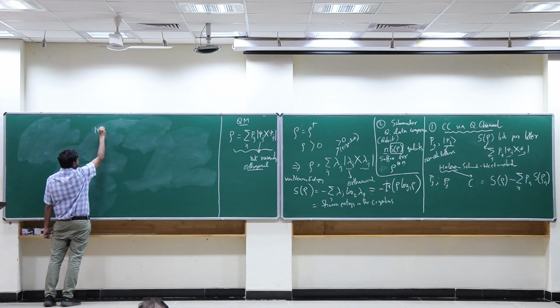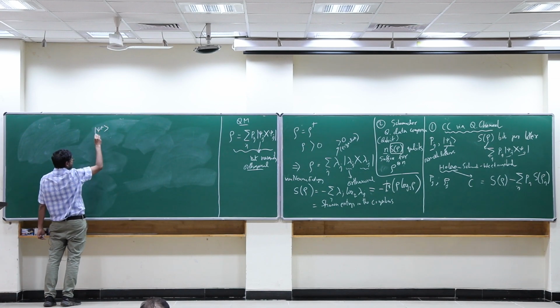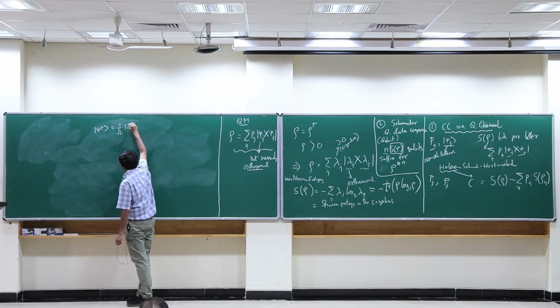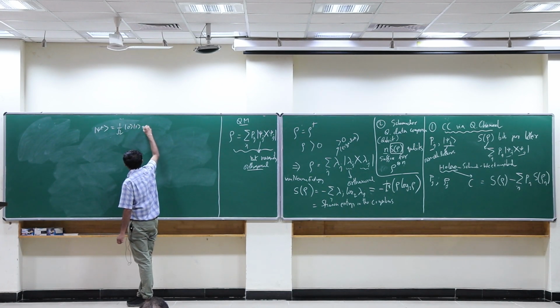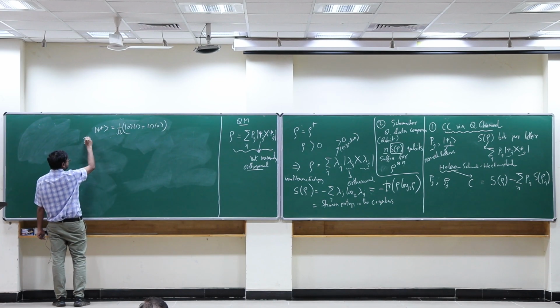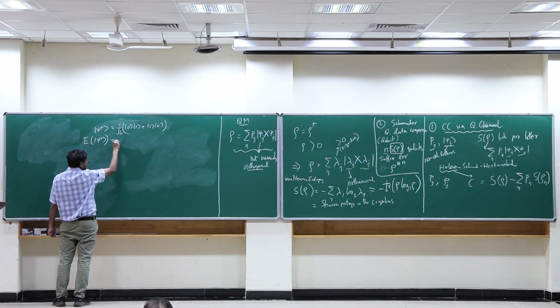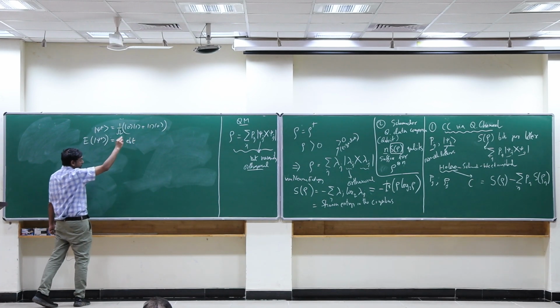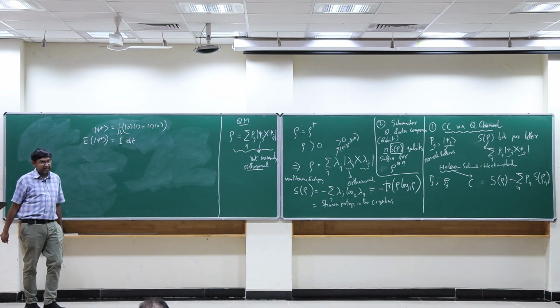This kind of state psi plus, a maximally entangled state, we say has one unit of entanglement. This is useful for perfect teleportation, as we know, so we ascribe it one unit.